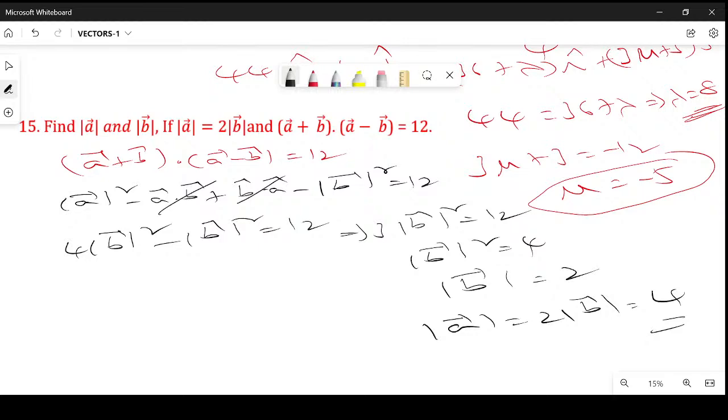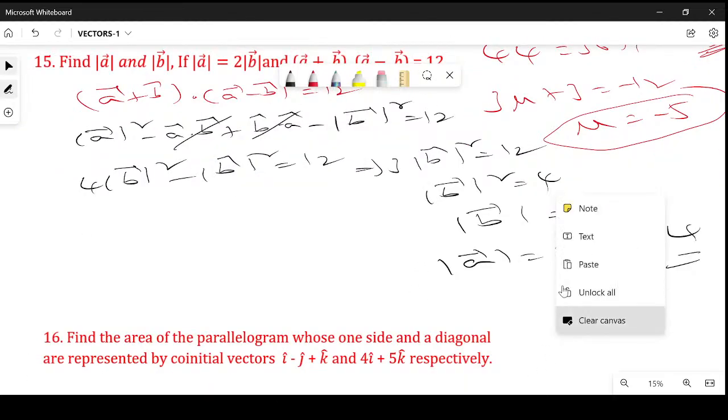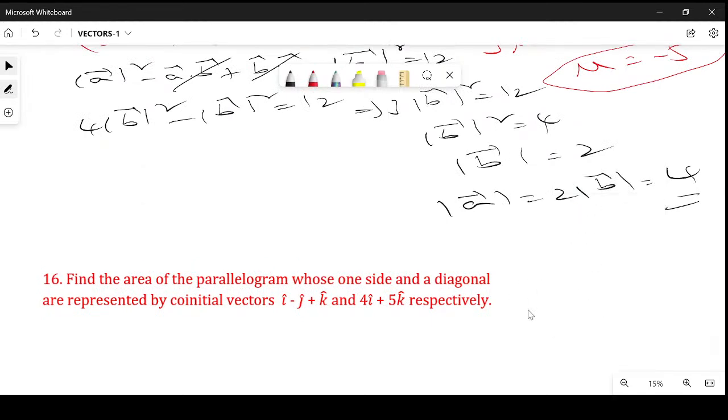Correct. I hope you understood this. I am doing the 16th one now.